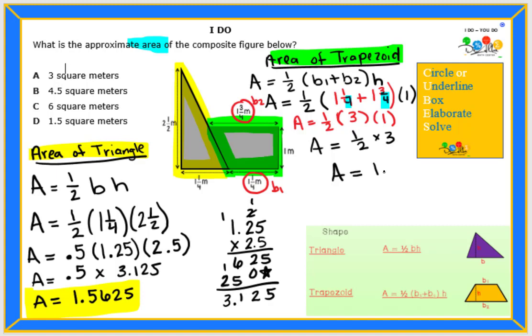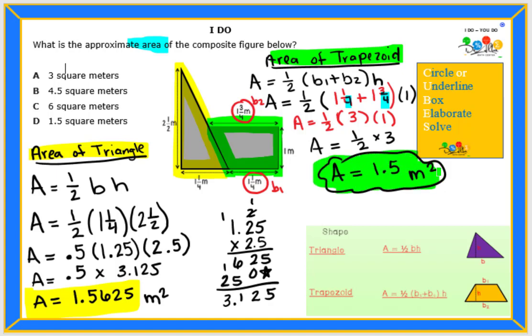Yes, that would be 1.5. Now, what I failed to do in the area of the triangle, and I cannot fail to do it here, is to put my measurement or my units. So this was square meters. And this triangle was also square meters. So now I have the area of the trapezoid.